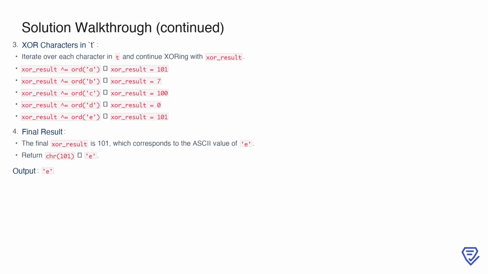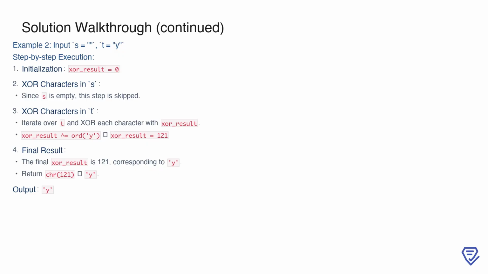Therefore, once we've XORed all the characters, the cumulative result, XOR_result, will isolate the ASCII value of this extra character. In this example, the final value of XOR_result is 101, which corresponds to the ASCII value of e. Converting this back to a character using chr of 101 gives us our result, e.